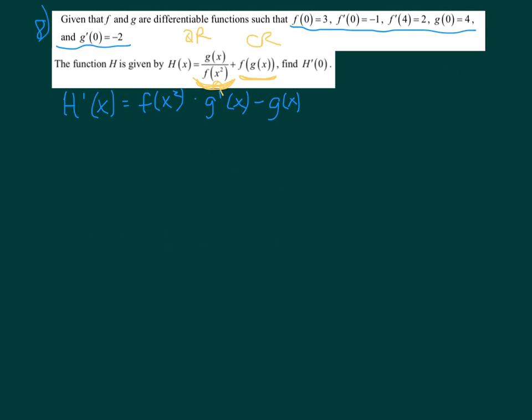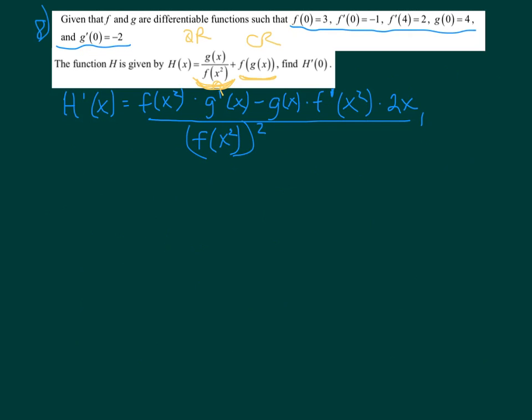All right, so when we take the derivative of f of x squared, first we would do the derivative of f, f prime, keep the inside, times the derivative of the inside, which would be 2x. So f prime of x squared times 2x, all over low squared, so f of x squared all squared.